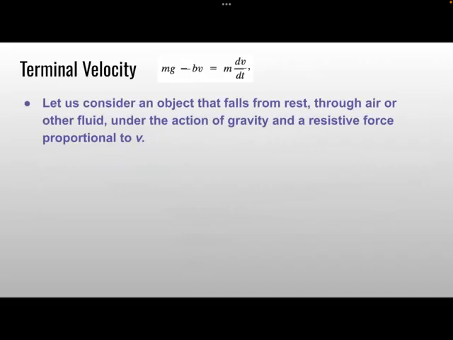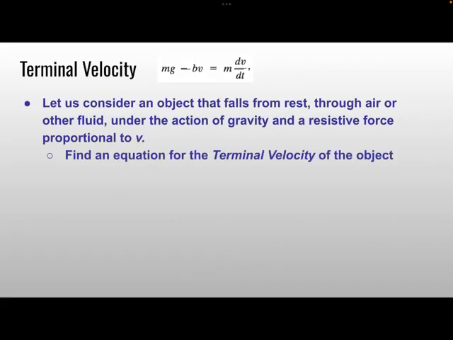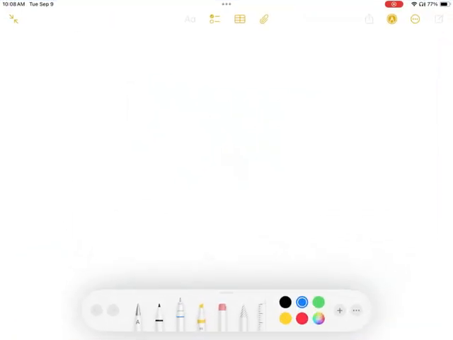So let's look at this equation and see if we can find an equation for the terminal velocity of an object. How do we find this terminal velocity? We have our equation that says net force is equal to mass times acceleration.